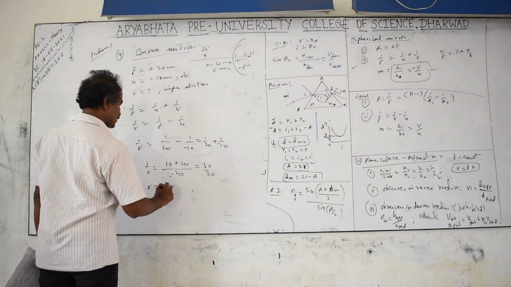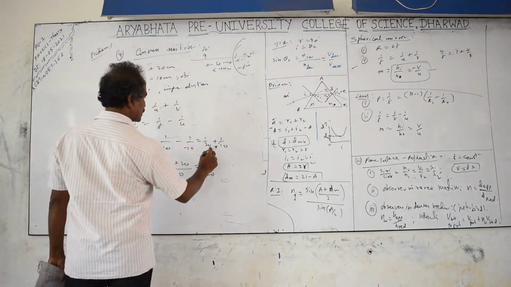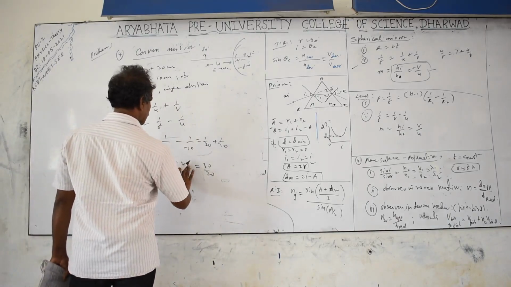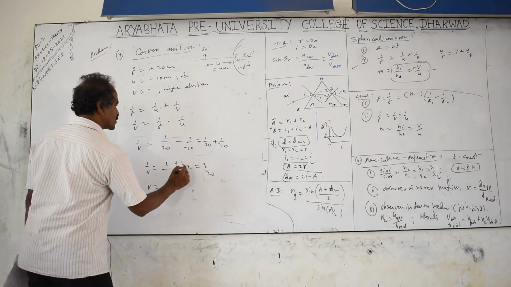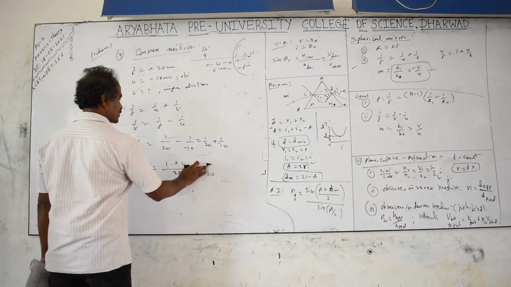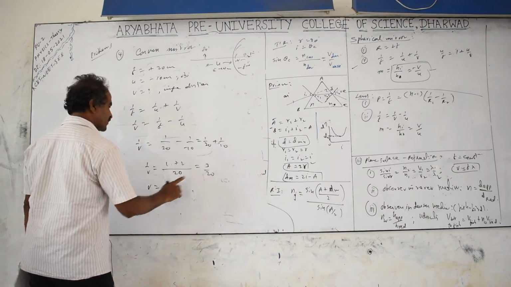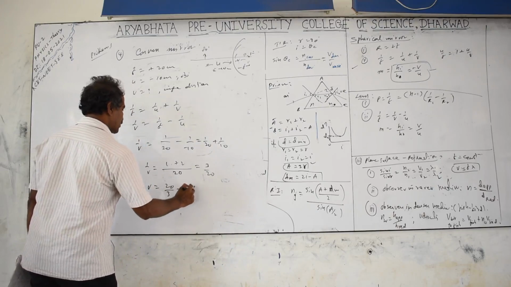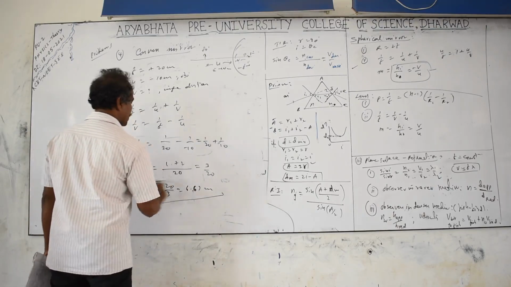One plus 2 is 3. With LCM 20, 1 by 20 plus 2 by 20 gives 3 by 20, which is 1 by v. Be careful: take the reverse and you will get v equals 20 by 3, which is 6.67 centimeters, the image distance.